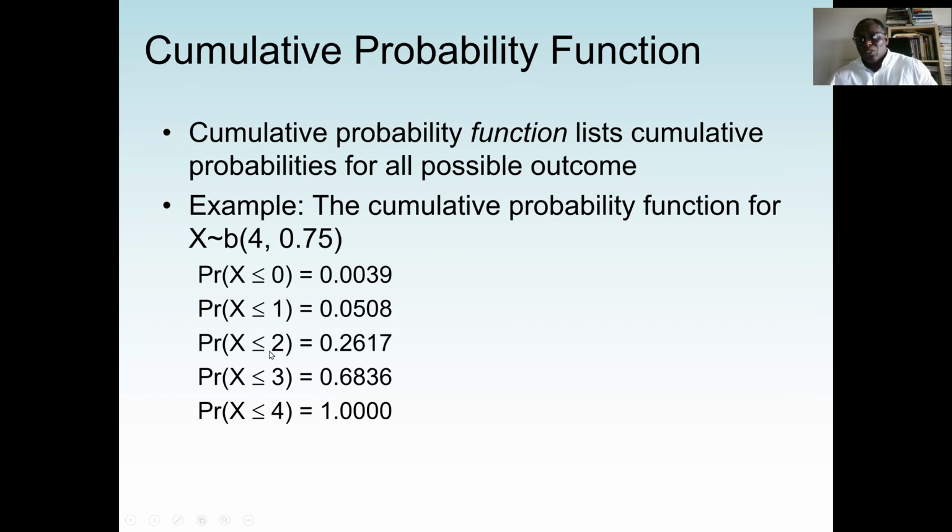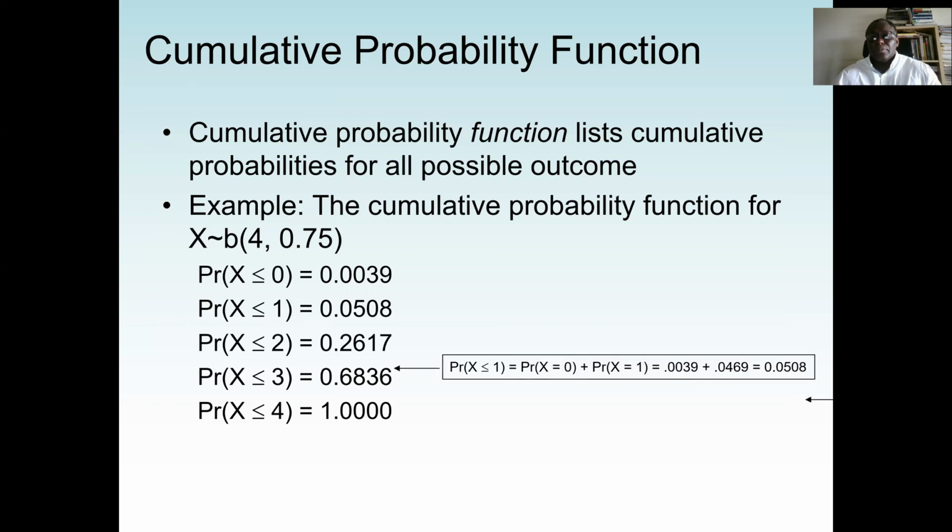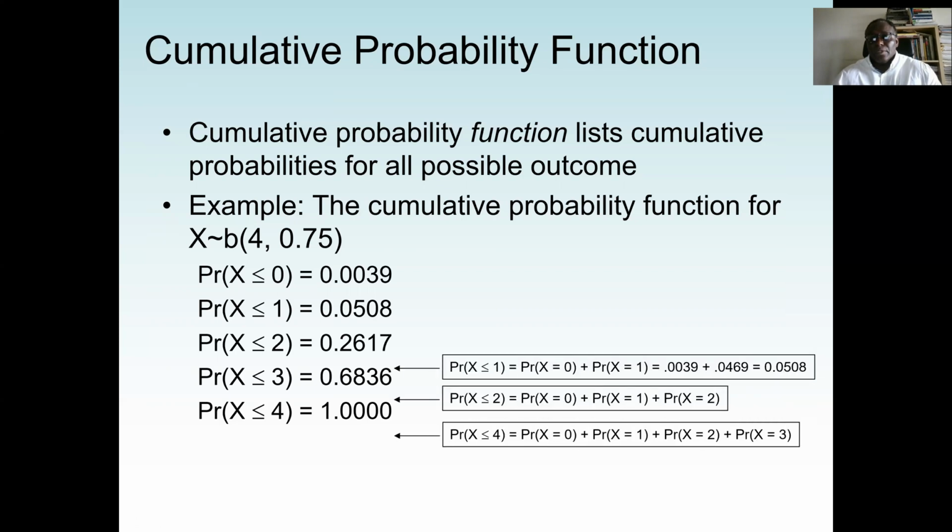Less than or equal to 2 means you add 0, 1 and 2 together. Then less than or equal to 3 means 0 plus 1 plus 2 plus 3. Then less than or equal to 4 is the last value, so you always get 1. If you remember the frequency distribution, for cumulative relative frequency the last value is always 1. So these are the calculations, and for 4 it is 1 because we have all the values.